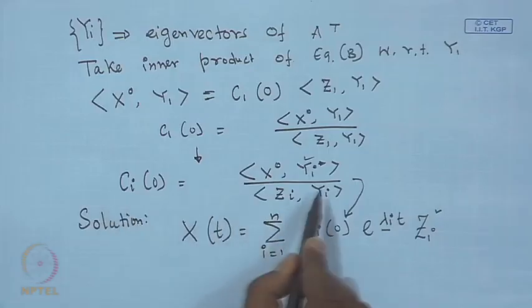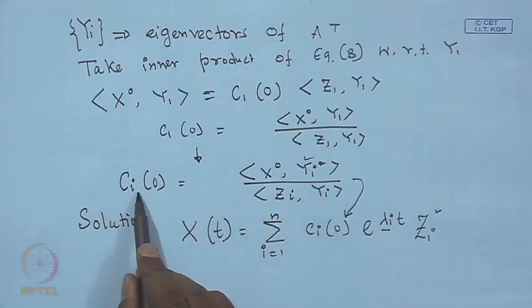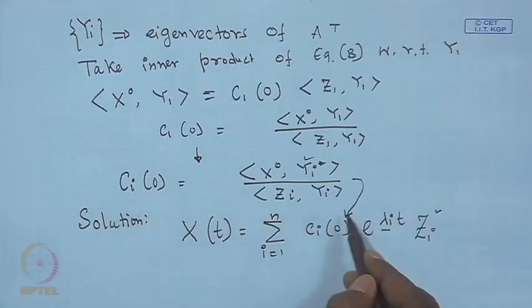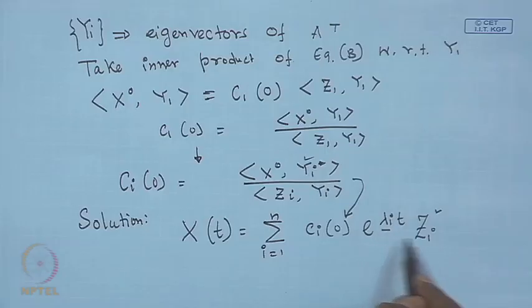So, we can compute completely what c_i0 is, that will be put here, lambda is known, z_i is known. So, one can get the complete solution. That is how one can obtain the solution of a set of ordinary differential equations using the eigenvalue eigenvector method.